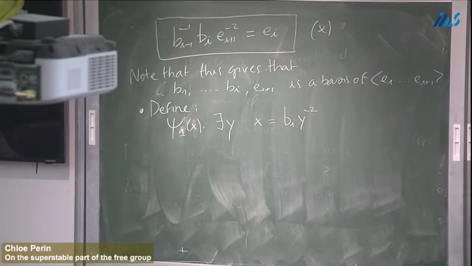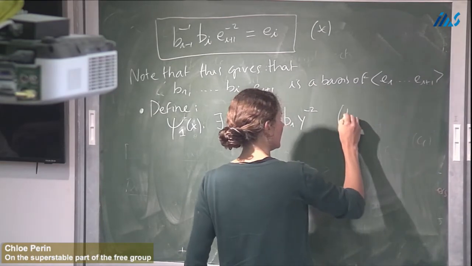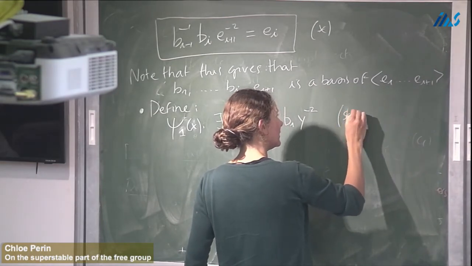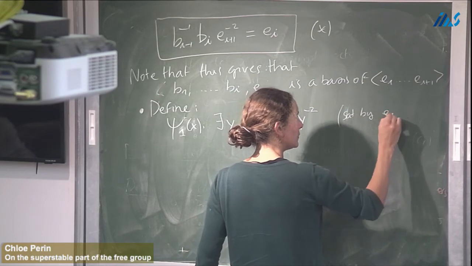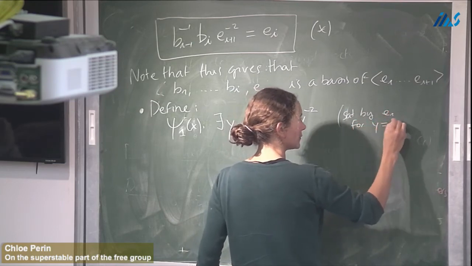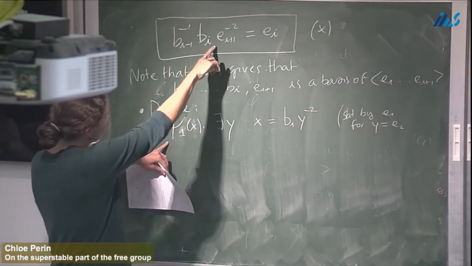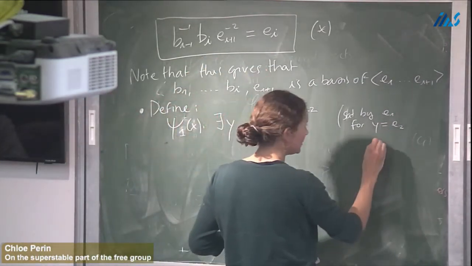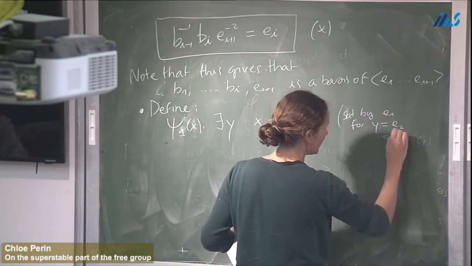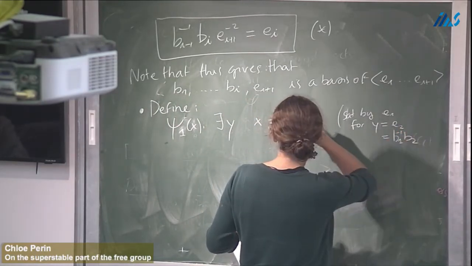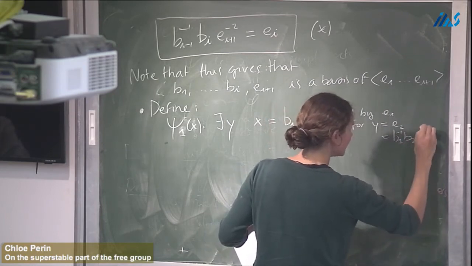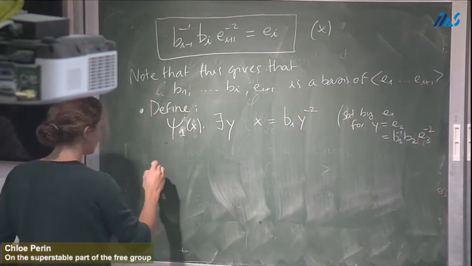I just look at this formula and I see that E1 is equal to b1 E2 minus 2. So E1 satisfies it, for y equals E2. But now if I use this formula, I notice that I can write E2 as B1 minus 1 B2 E3 minus 2. And that's the idea for the next formula.